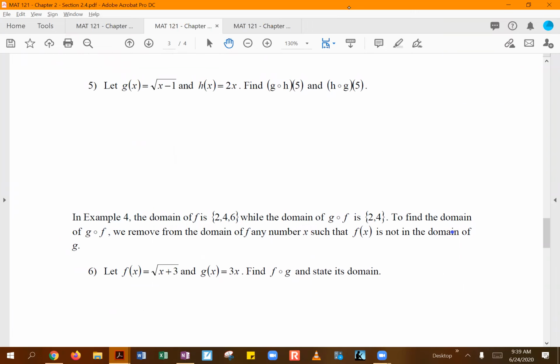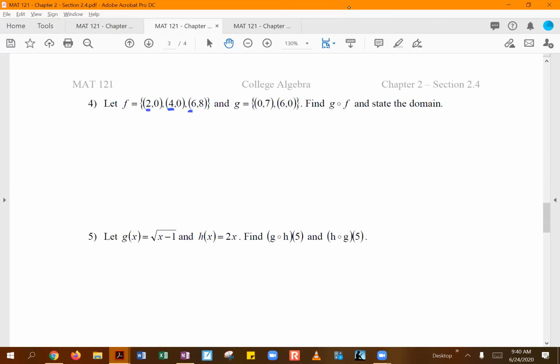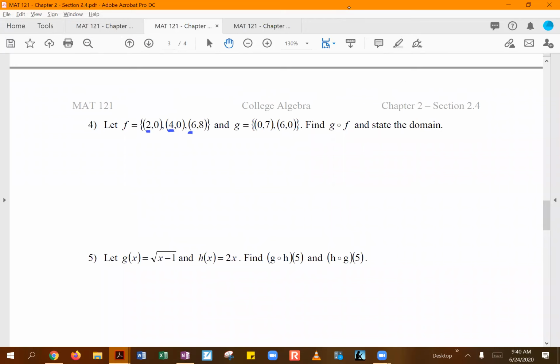So to find the domain of your composition, you remove from the domain of f any number x such that f of x is not in the domain of g. So you would remove any number from the domain of your f function, which was the inside function, for any y value which is not in the domain of the g function.